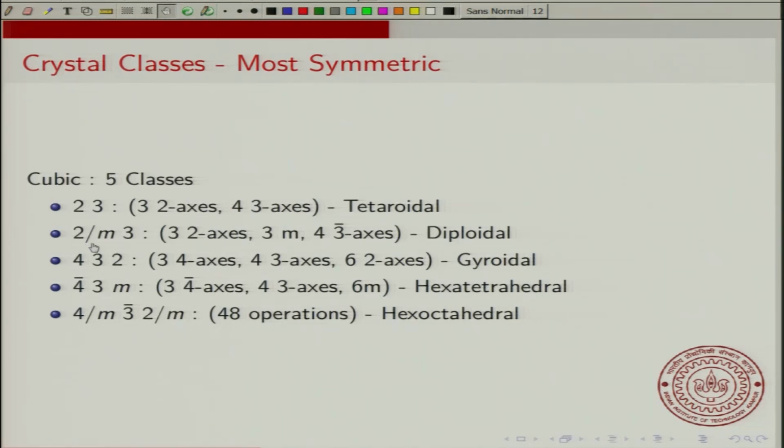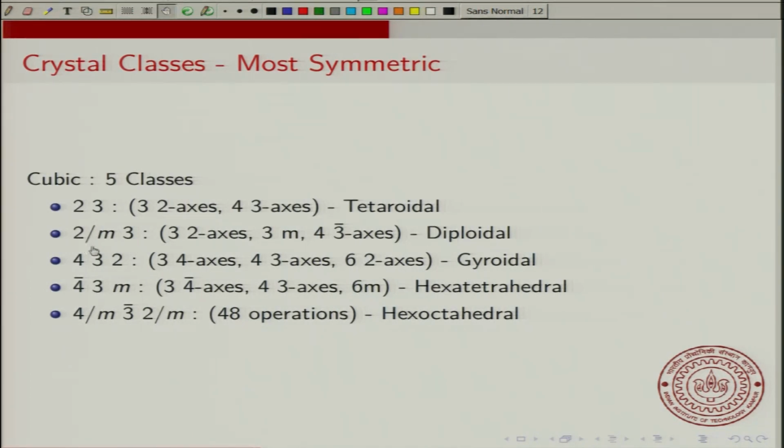Now, this has a 2-fold axis with a perpendicular mirror, in addition to the 4 3-fold axes. Notice on the left, I am not writing all the symmetry elements, I am just writing this 2 by m 3, and again this will become clear.